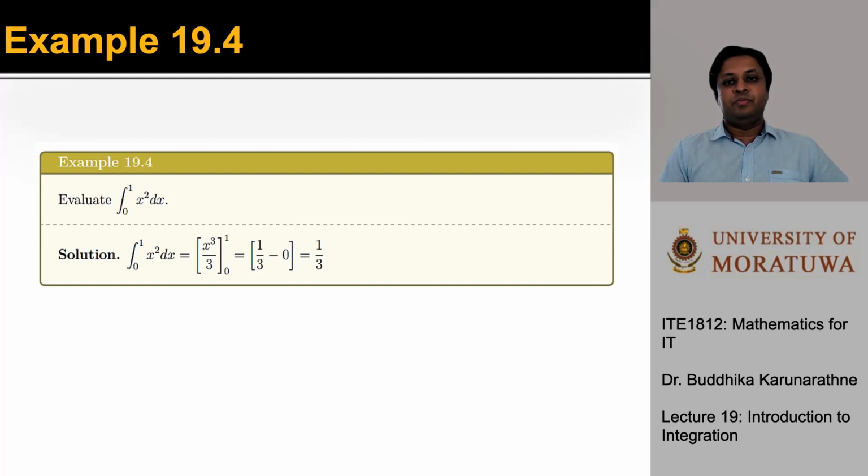So we don't have to put the constant in the case of definite integrals. Please note that important point. When you do indefinite integrals, you always have to mention the constant. But in definite integrals, you don't have to, because when you do the subtraction, the constant will be cancelled out, since it is the same for both instances.